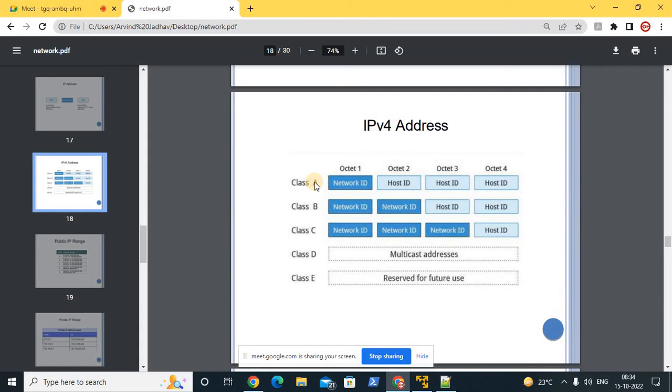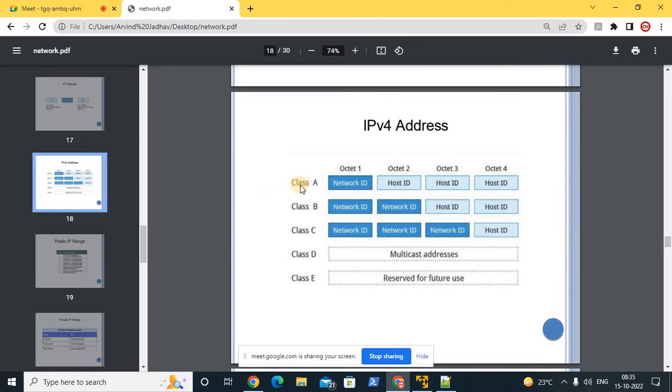Just understand carefully. I will give you lots of examples to identify whether it is a class A IP, a class B IP, or a class C IP, and whether it is a public IP or a private IP. Each and every student will understand what a public IP and a private IP are. Just make a note of that. Clearly understand what I am saying.